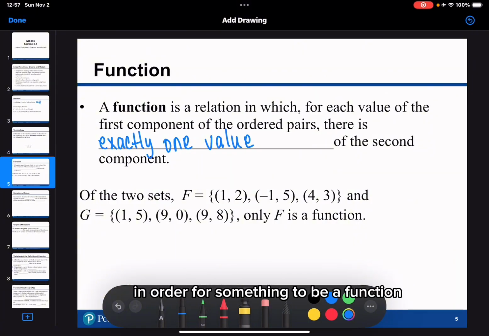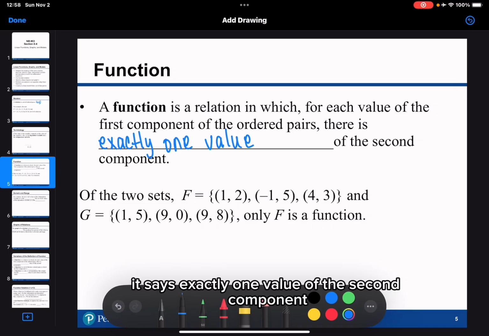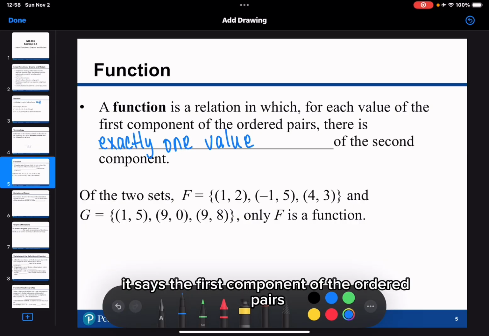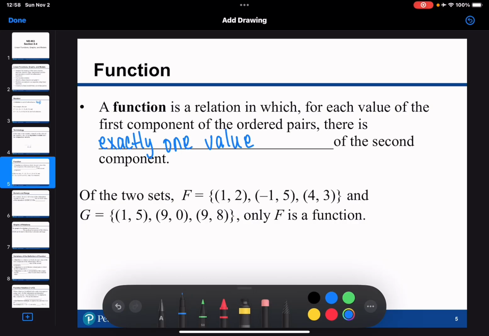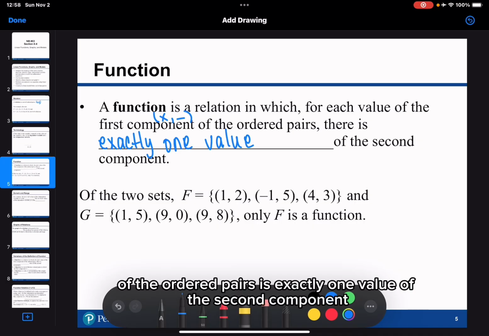So in other words, remember, a relation is a set of ordered pairs. In order for it to be a function, the first component, the x of the ordered pairs, has exactly one value of the second component.